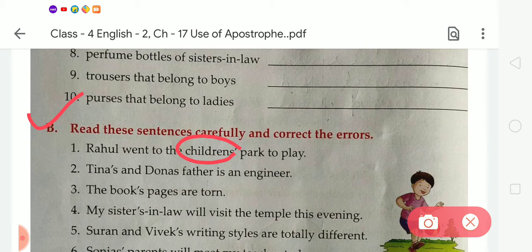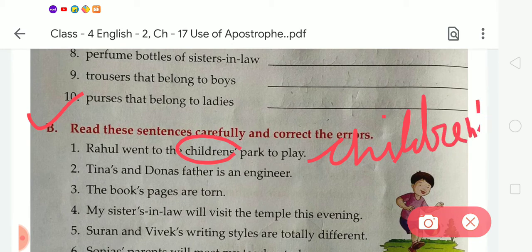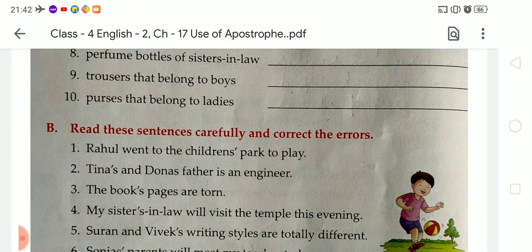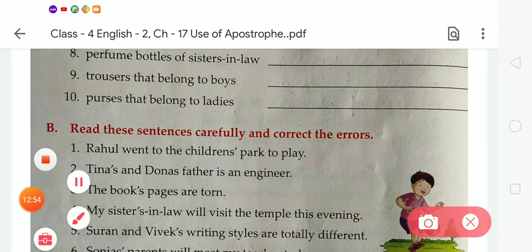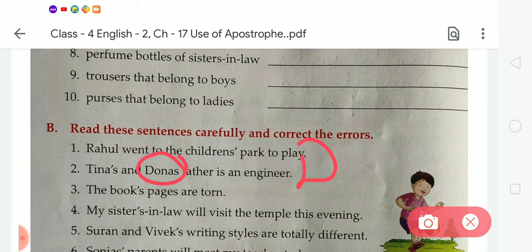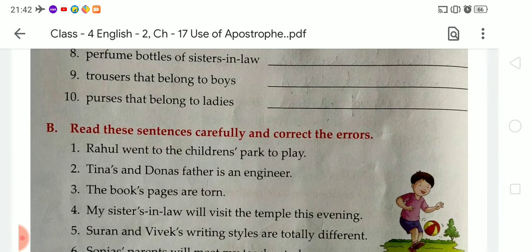We know that children is already a plural word, so here we have to write children's. Okay, next, Tina's and Donna's father is an engineer, so here we have to write Donna's father is an engineer.